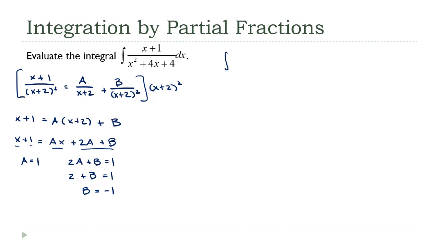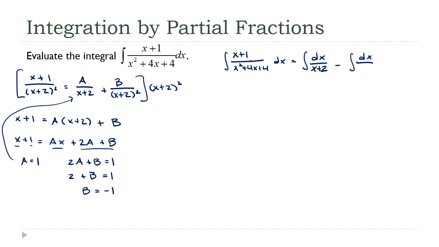The integral of (x plus 1) over (x squared plus 4x plus 4) dx is equal to the integral of dx over (x plus 2), that's putting the A in here, minus the integral of dx over (x plus 2) squared.